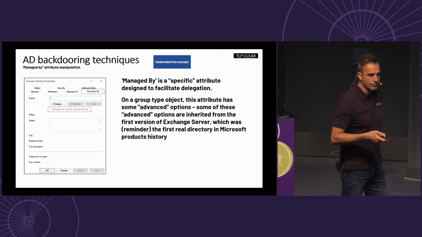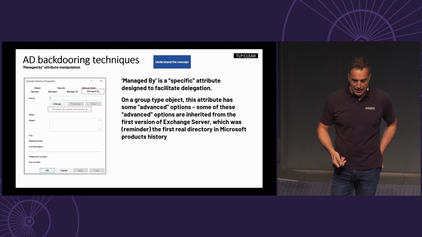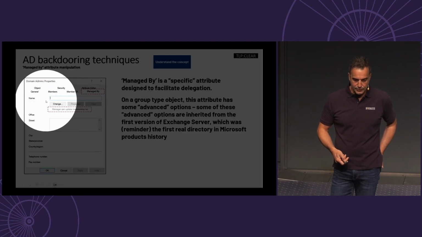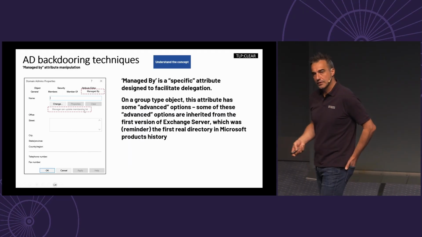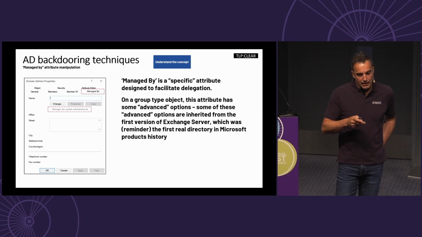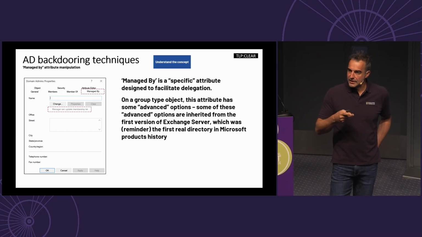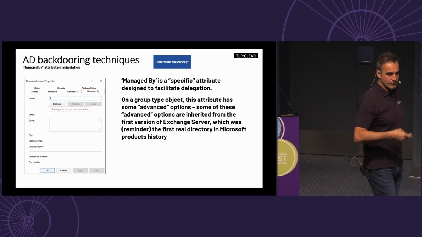Here you have an example with a group. If you go to this Managed by tab, you will see you can put something there, and you can decide if this something is able to update the member list or not. For your information, it's something which appeared with Exchange, and Microsoft decided to keep it inside the second directory for them, which is AD.